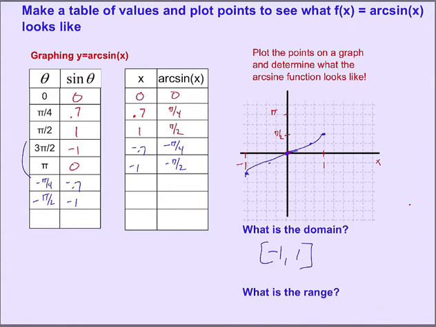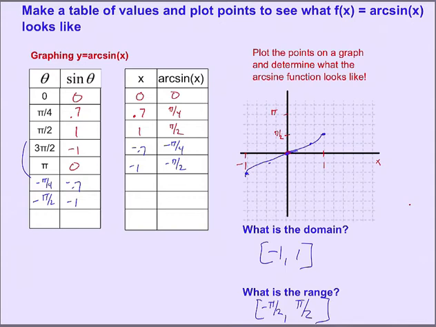So arcsine would not be a function. So what we do is we restrict the range. We say the only answers I'm willing to get out of arcsine are answers between negative pi over 2 and positive pi over 2. Even though, sure, there are answers in the second and third quadrants that would also work, we ignore them.